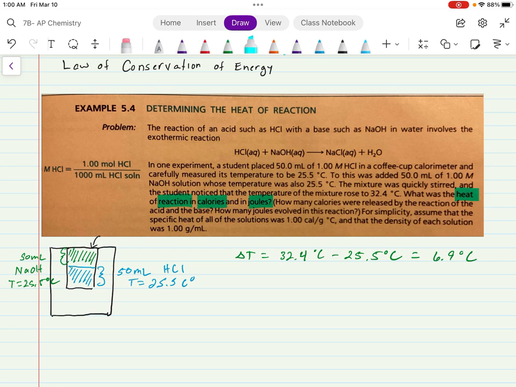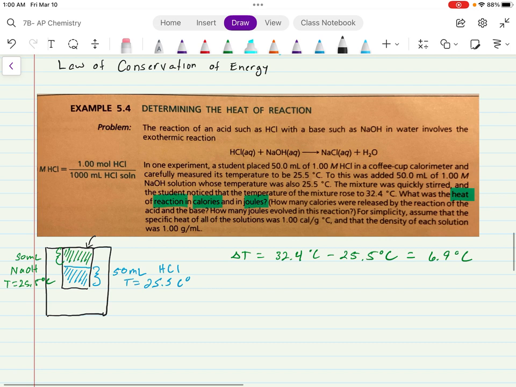Well, remember from before that heat is equal to the specific heat times the mass times the change in temperature.